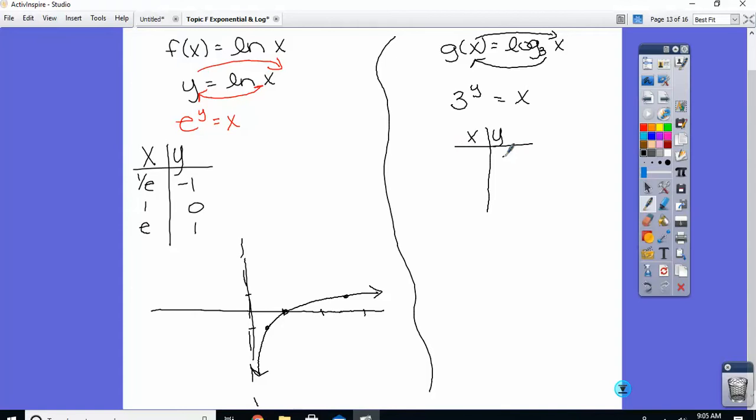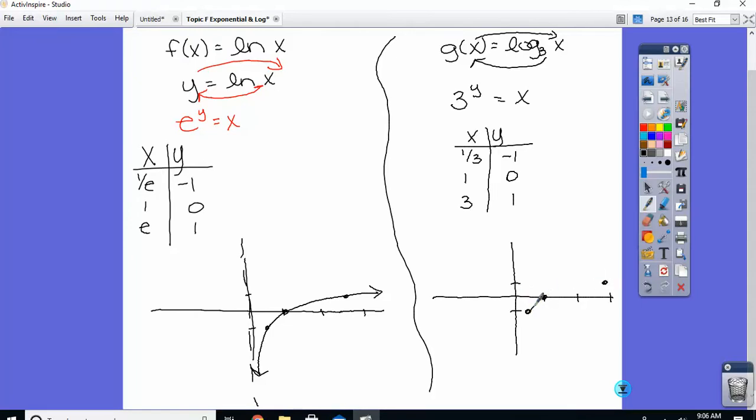Make our t-chart, plug in for y. 3 to the -1 is 1/3. 3 to the 0 is 1. 3 to the first is 3. So we have 1/3, -1, 1, 0, and 3, 1.